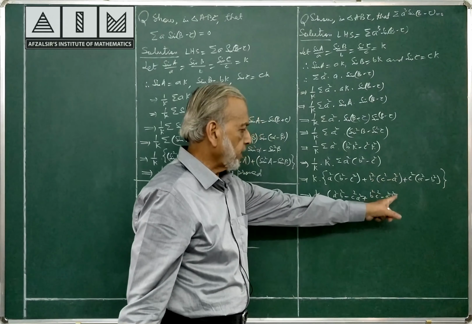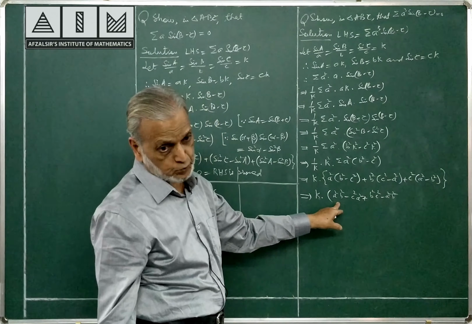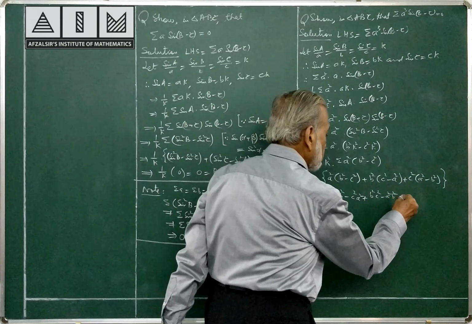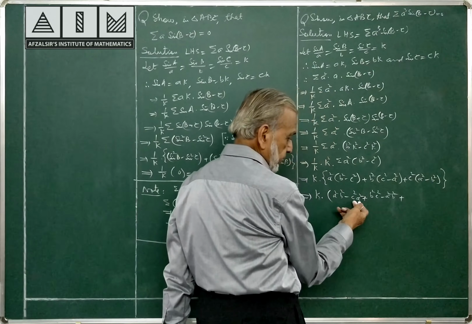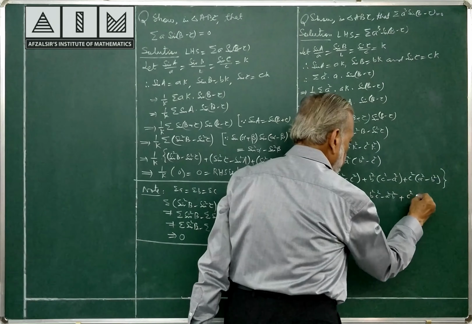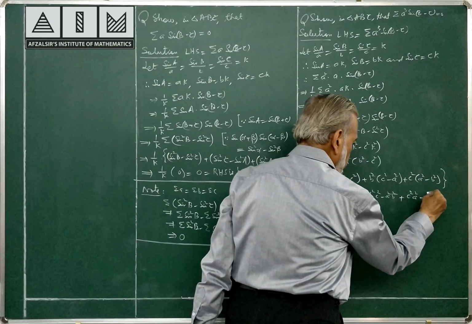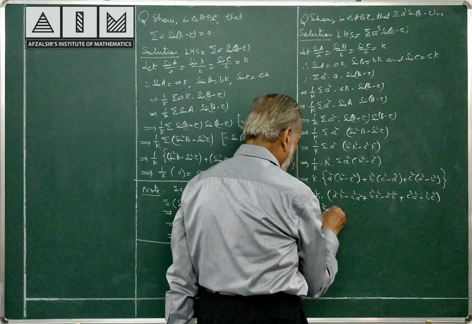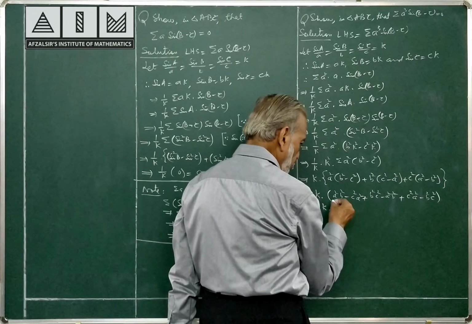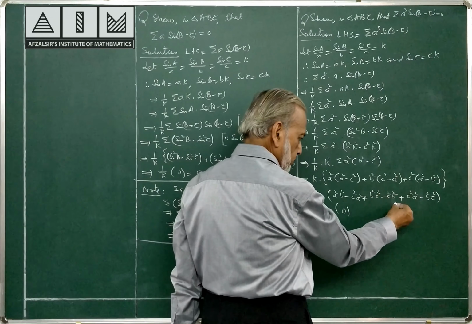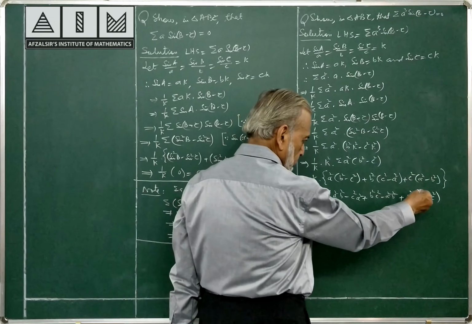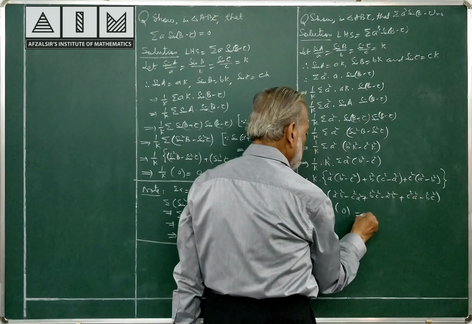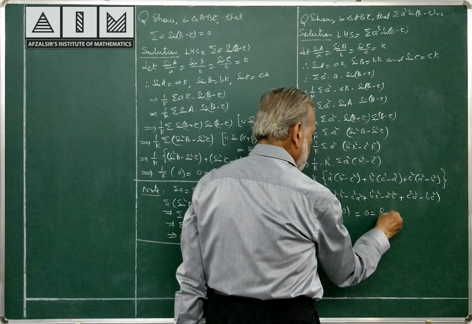Here also c square a square is already there, so I will write c square a square only, minus b square c square. You can see inside the bracket all the terms are cancelling each other. A square b square cancelling a square b square, c square a square cancelling c square a square, plus b square c square minus b square c square. So this will become 0. Your right hand side is proved.